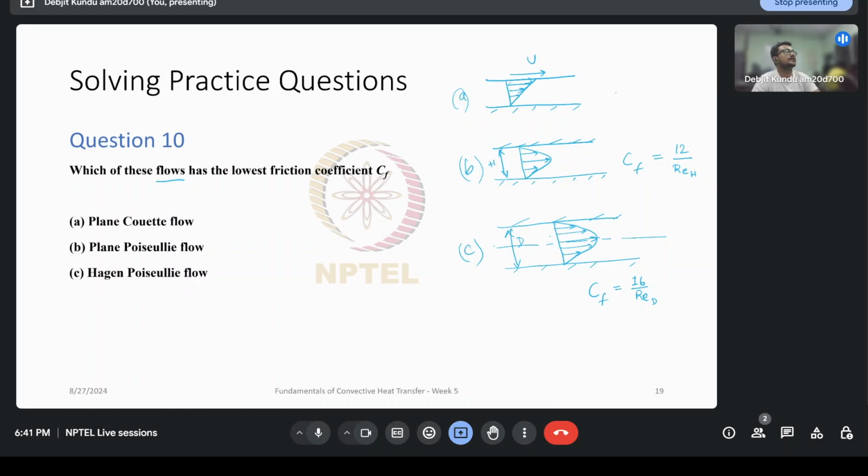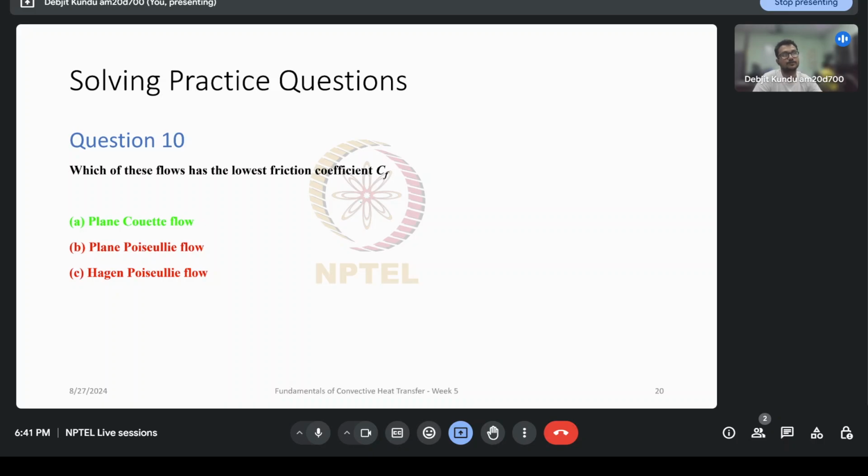And for a plane Couette flow, C F is equal to 8 over Re H. Once again, H being the separation between these two plates. So just numerically, given that the Reynolds numbers are all the same, it's the plane Couette flow which has the lowest number among them. So option A should be the correct answer.